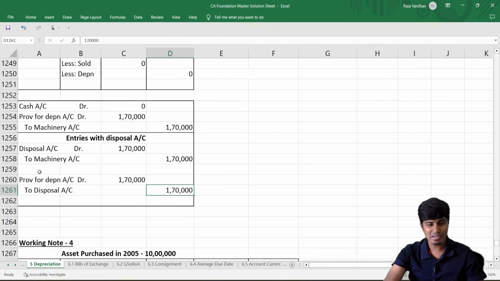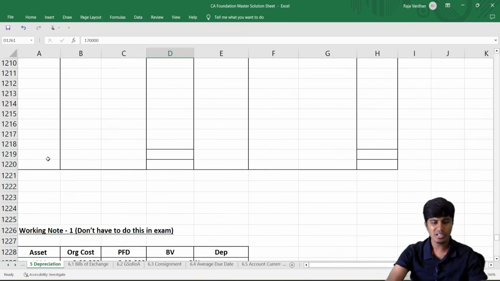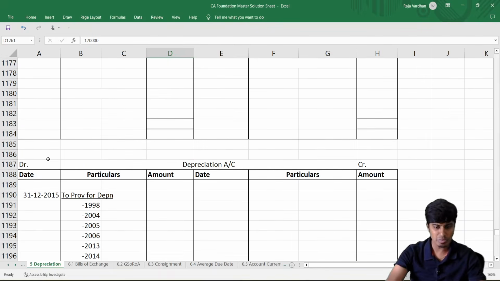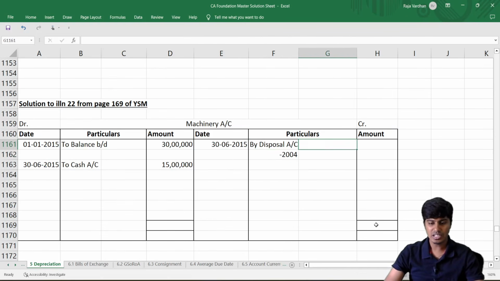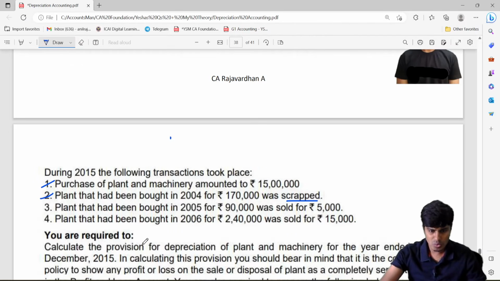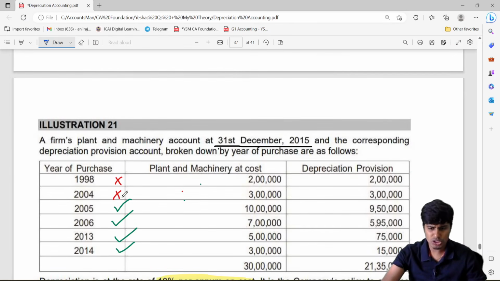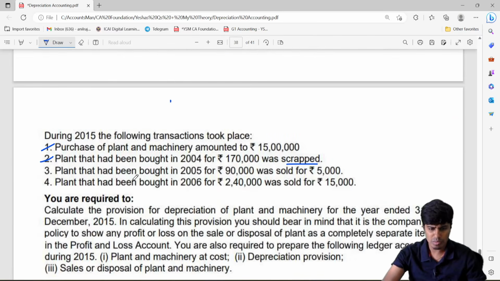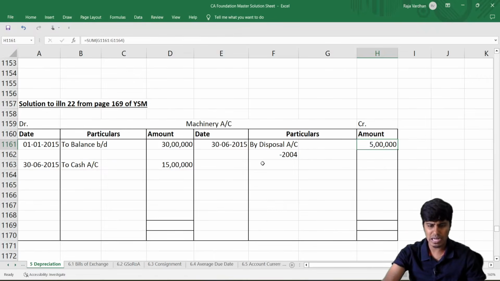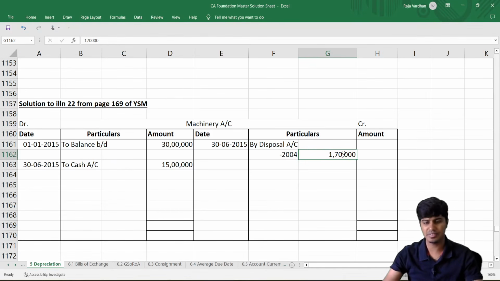Let us write this. In machinery account credit disposal, in provision for depreciation account debit disposal. So this is our machinery account. Because the asset is scrapped, the value of the asset is decreasing to the extent of 1,70,000. The 2004 asset, 1,70,000.